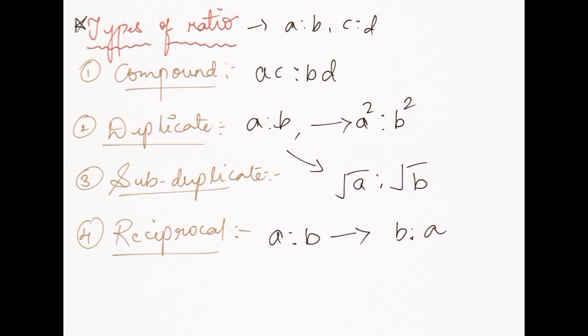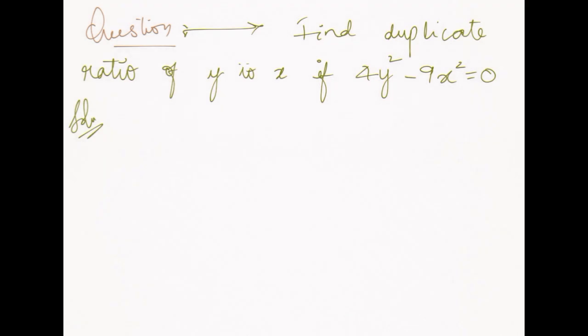Next we will see one small problem based on this. The question is: find the duplicate ratio of y is to x if 4y square minus 9x square is equal to 0. So first we will solve this. 4y square minus 9x square equal to 0.